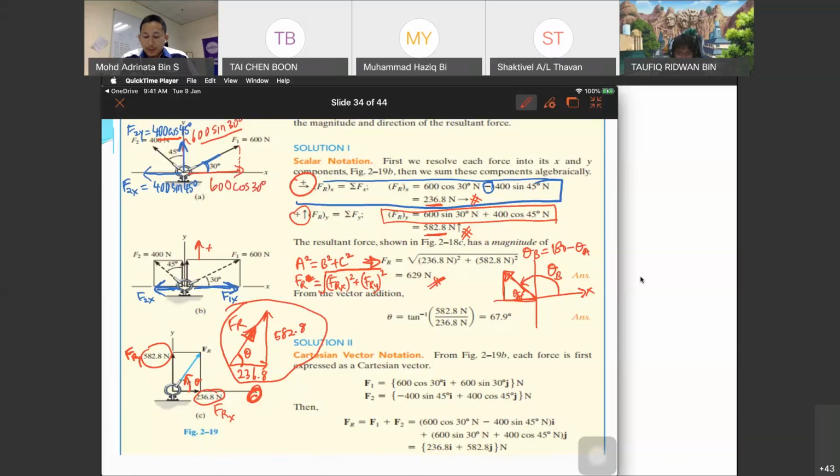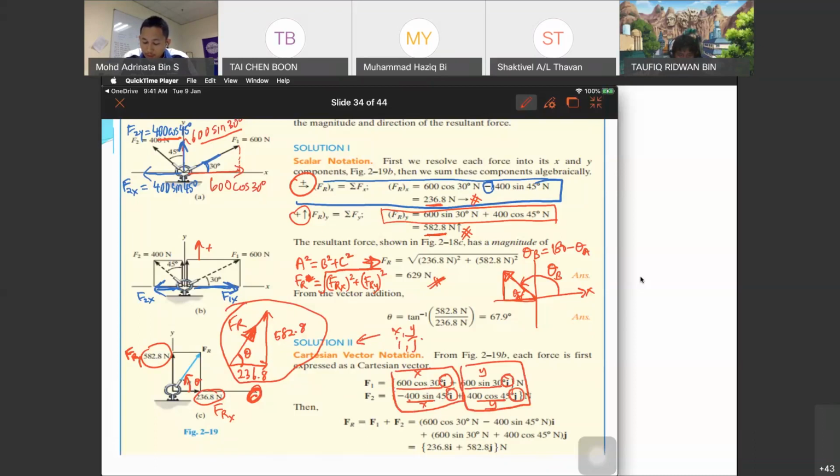So that is for the scalar notation, and then you can use your Cartesian vector notation, which is i and j. This is actually x and y. So for F1, you have 600 cos 30 degree for x in i, and this is for y in j direction, same as this one. So you can use i and j for Cartesian, and then you can add up your i with i and j with j.